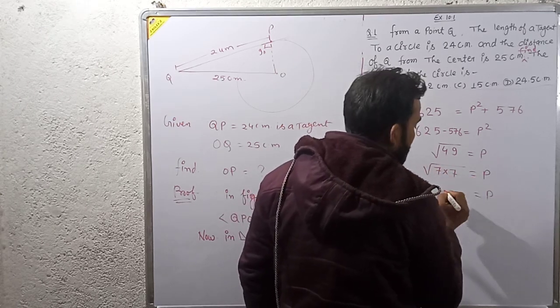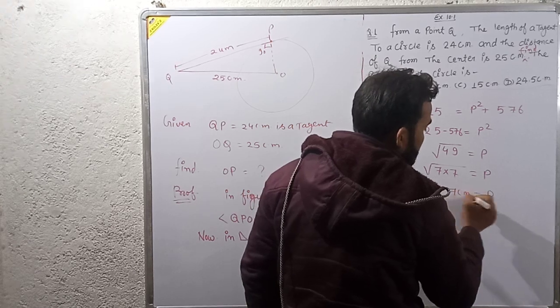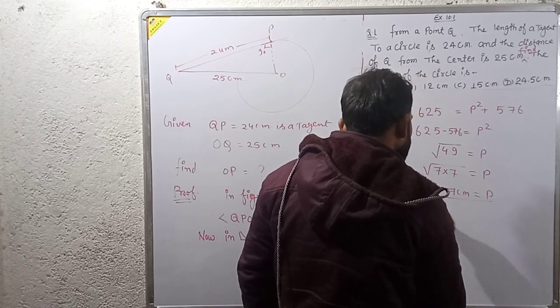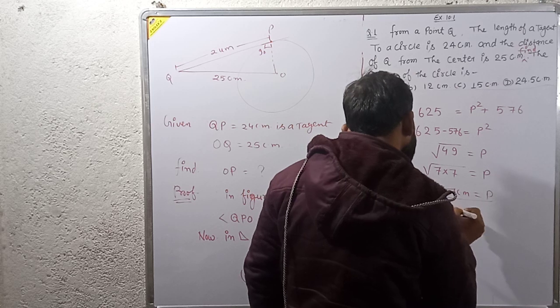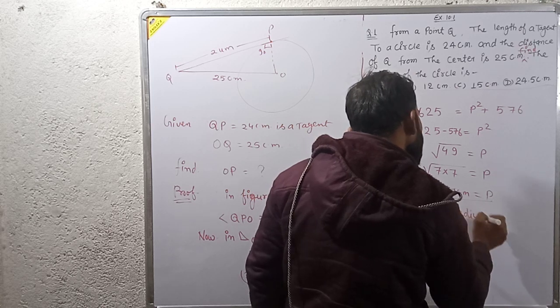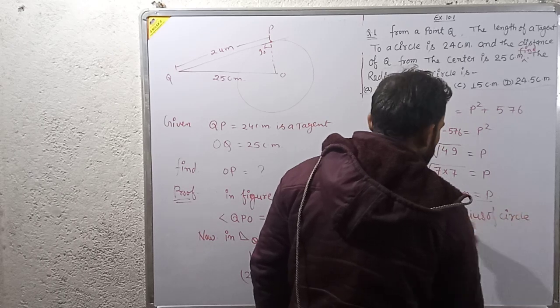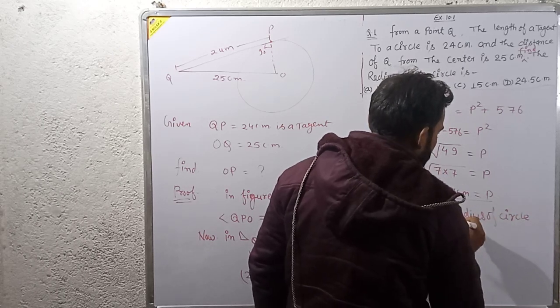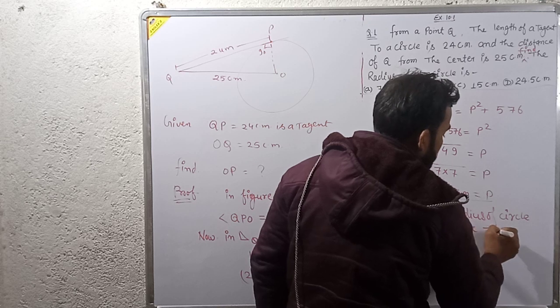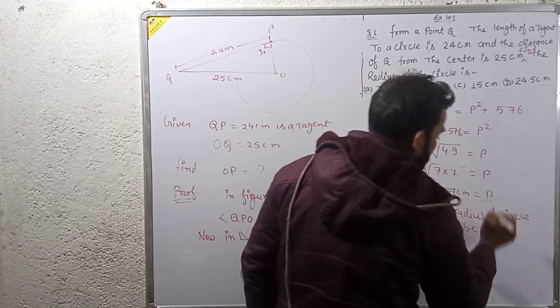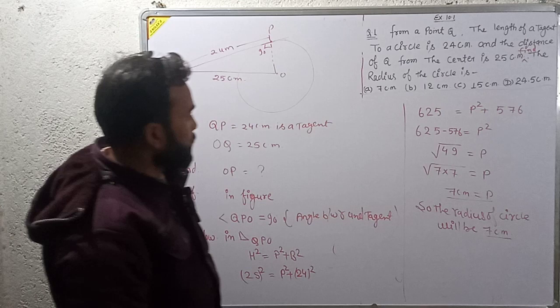So p is equal to 7 centimeter. So the radius of the circle will be 7 centimeter. Clear?